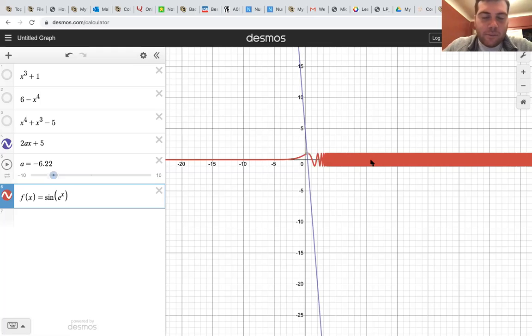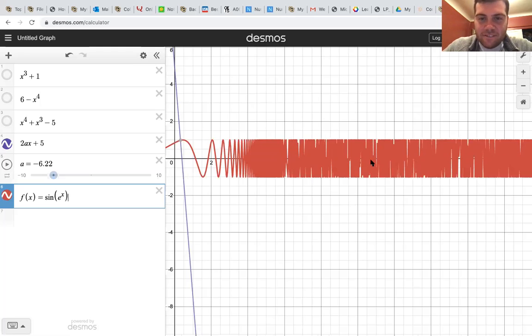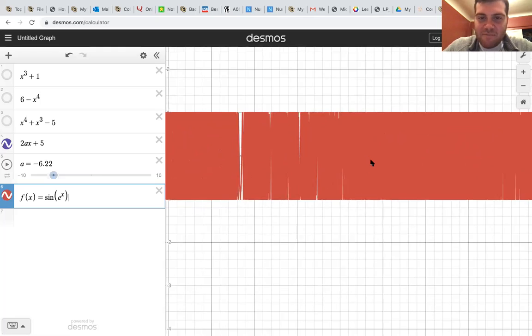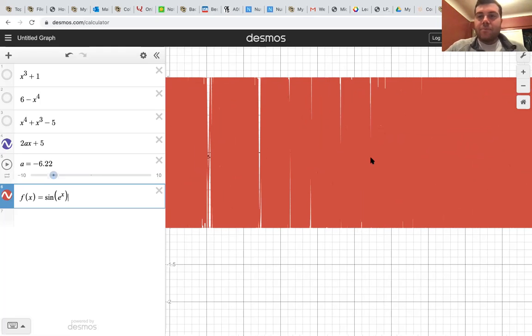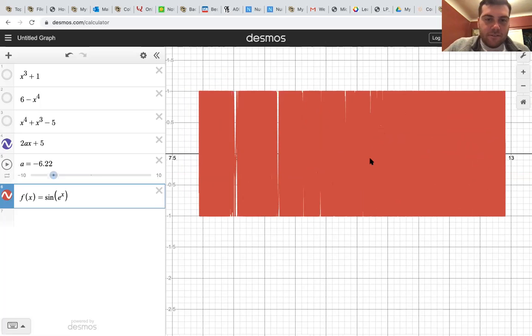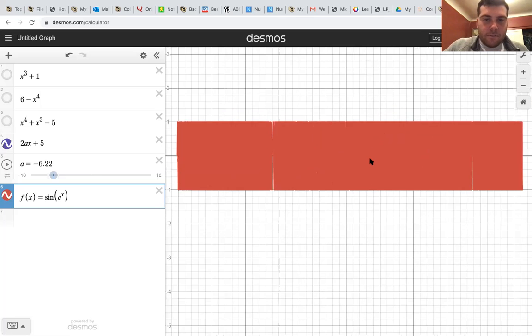And you can see this wild graph. The computer can barely handle it. It's crazy. Whoa.